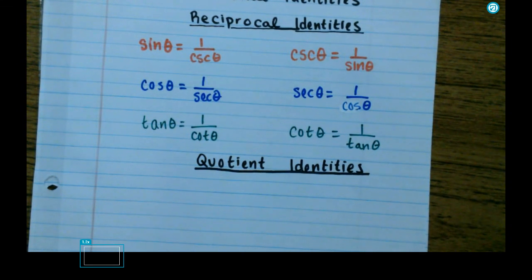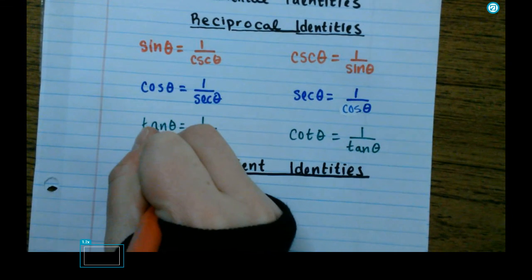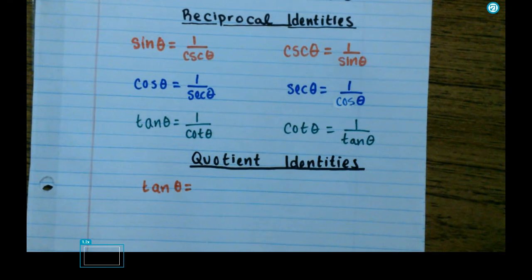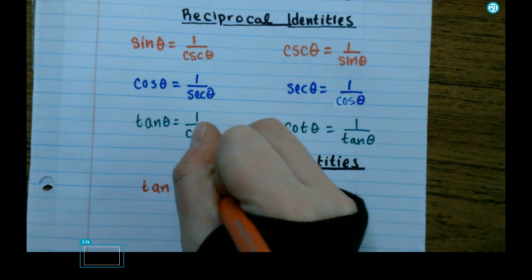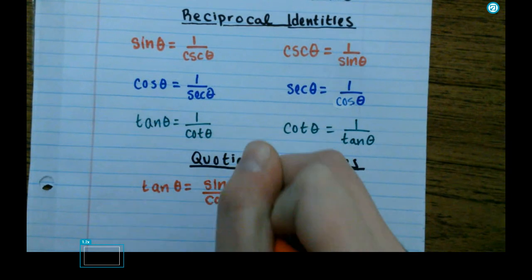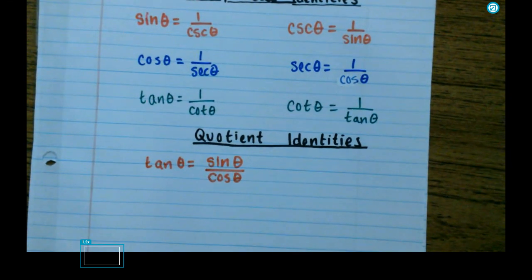So our quotient identities are that tangent of theta is equal to sine over cosine. So tangent of theta is equal to sine of theta over cosine of theta.